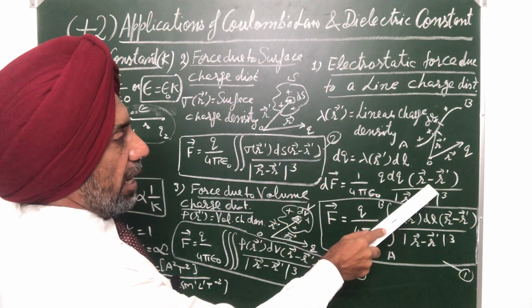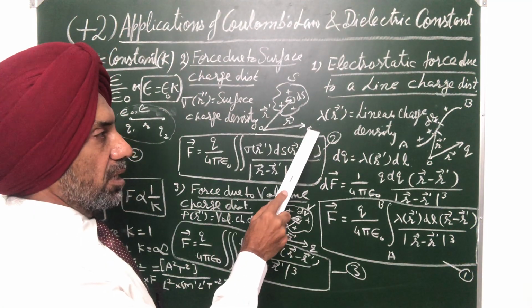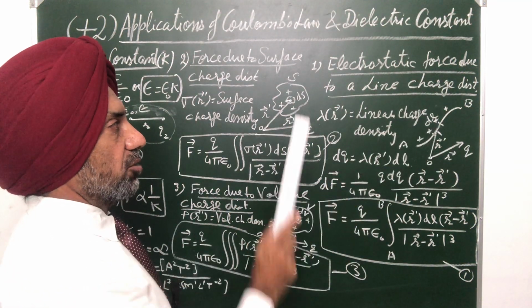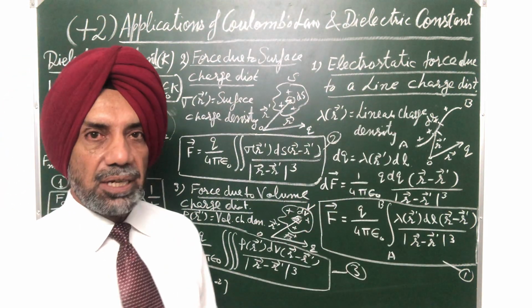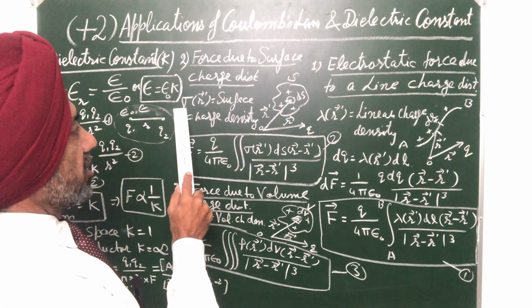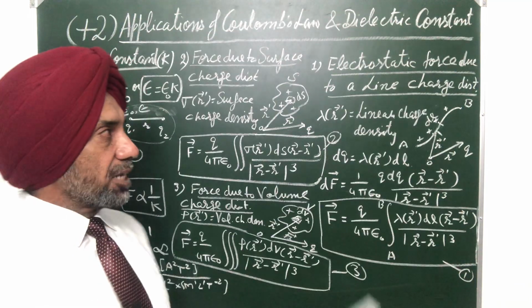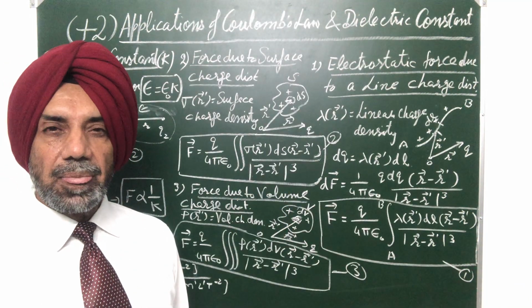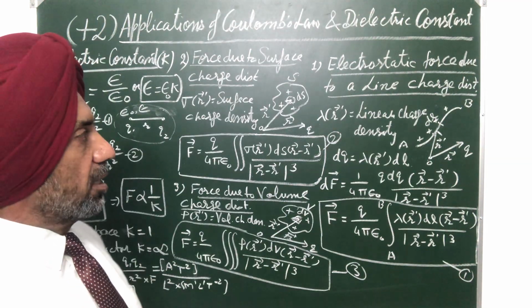So instead of dl, we take dS, the small area element at location r dash, and q, the same test charge, at location r. Then instead of lambda r dash, the linear charge density, that is charge per unit length of the wire, here we take sigma r dash. This is the surface charge density, that is charge per unit surface area. Charge per unit area is called surface charge density.